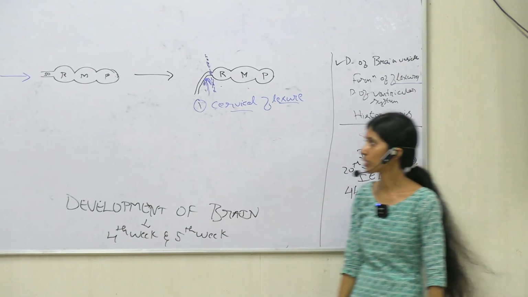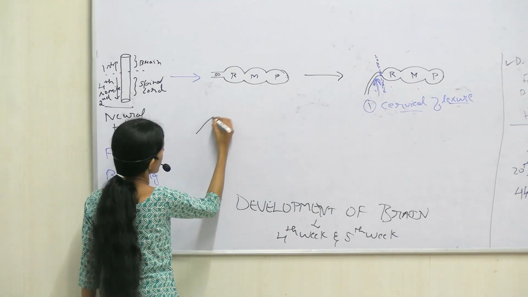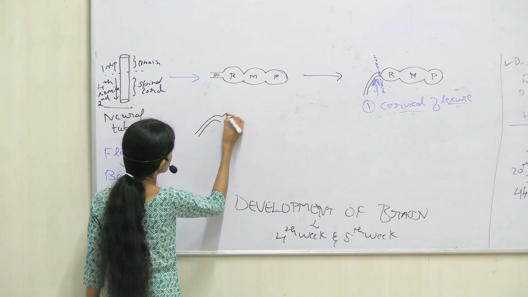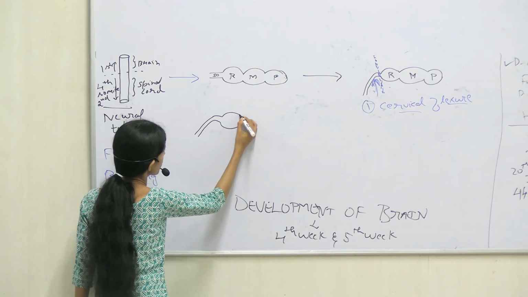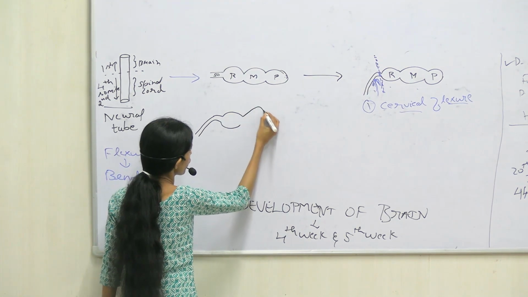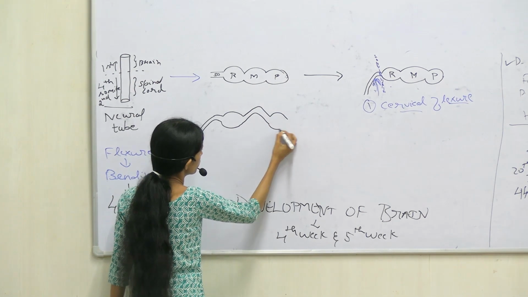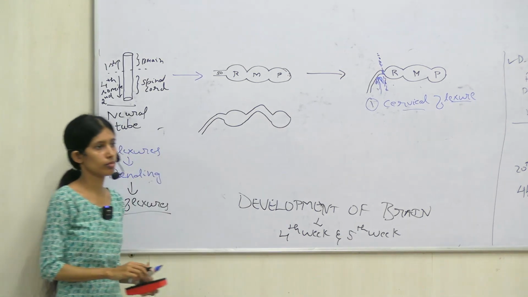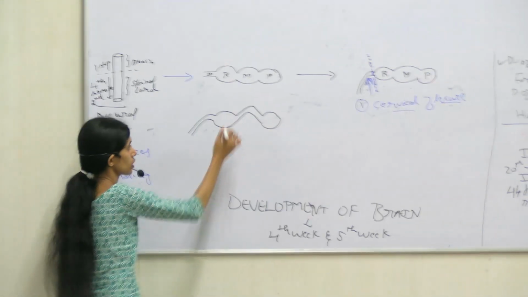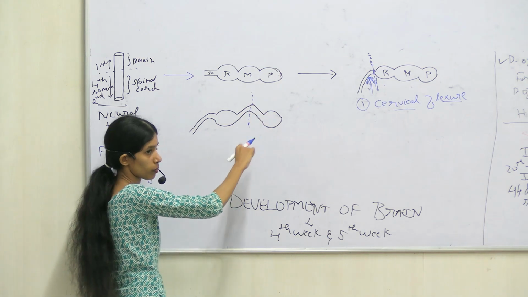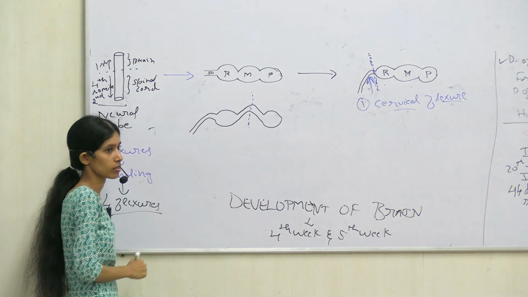Okay, the next one is, we already have the cervical flexure. Then we can see the flexure at your mesencephalon part. Now the flexure is taking place at this region.